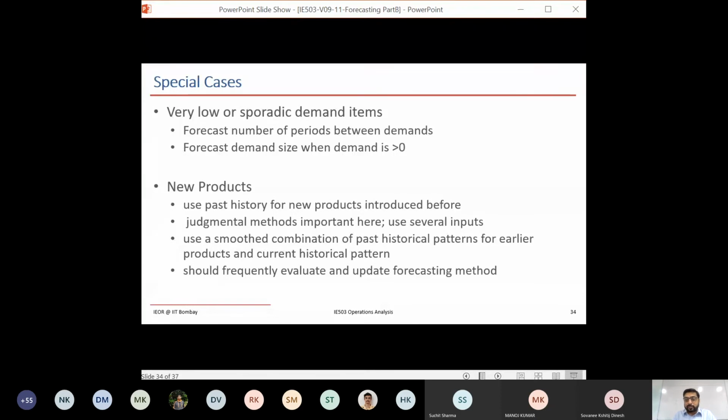Is anybody here from Northeast? Anybody in this group from Northeast? No one. Okay, that's fine. Kshitij is from Northeast.